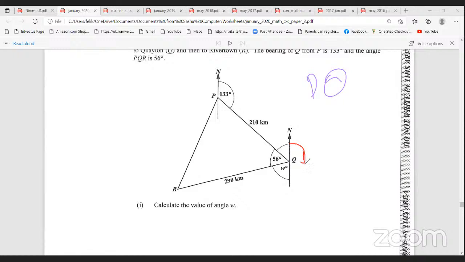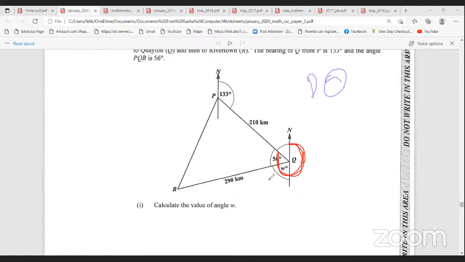Right. Wait, I lost myself again. What is that angle? You just need to tell me the angle that I highlighted. What is the value of this angle? Miss, now we have the north line.